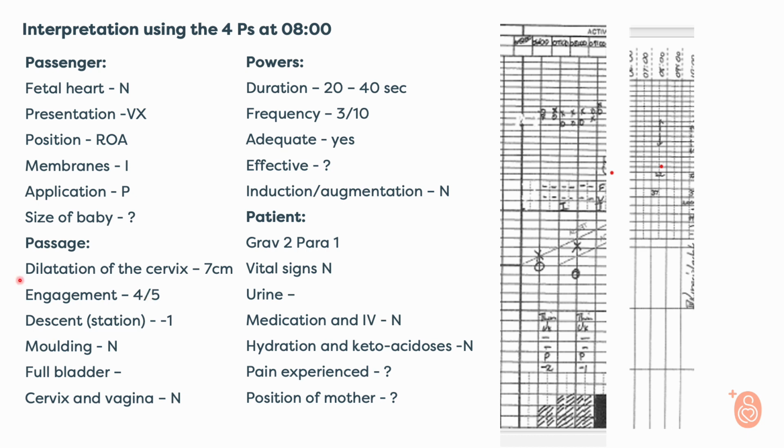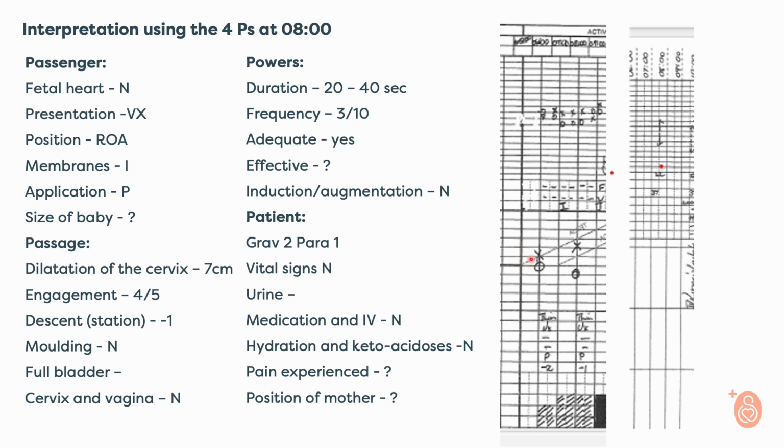Now, when we look here at the passage, we see a problem here, because now the patient is 7 centimeters dilated, but she has crossed the alert line. This dilatation is now falling on the right side of the alert line, which tells us that this patient is not dilating 1 centimeter per hour anymore.